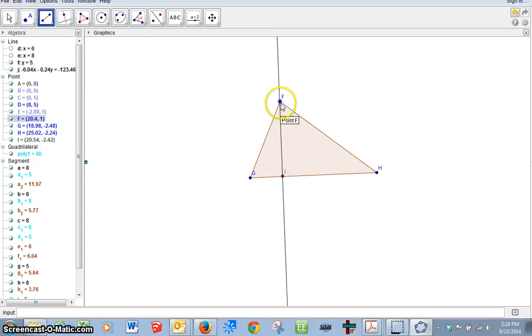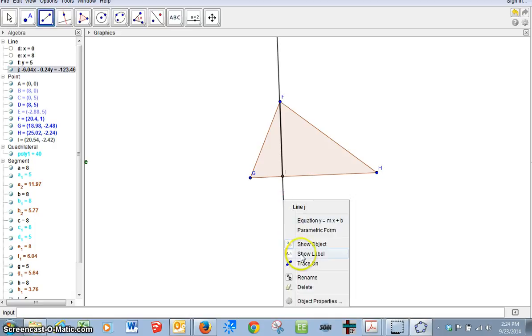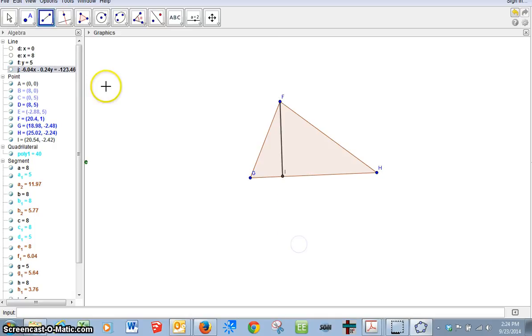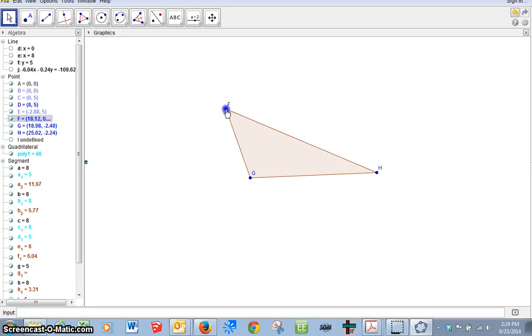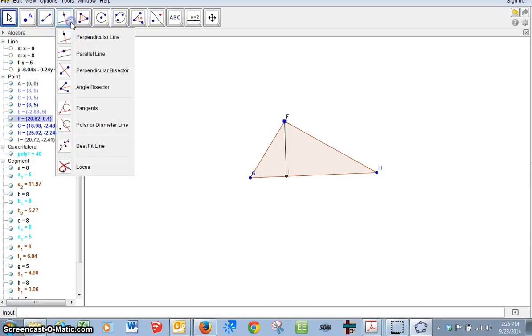And then a segment from F through I that allows me to turn off this line. Well, that's interesting. It doesn't want to show up outside the triangle. Okay. So let's put a line here.